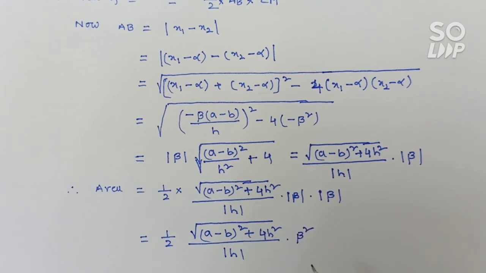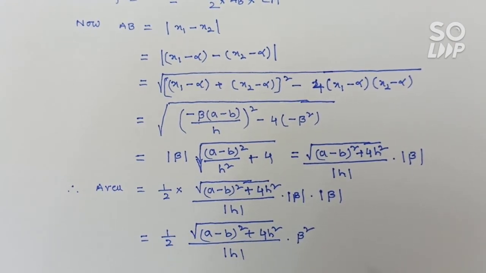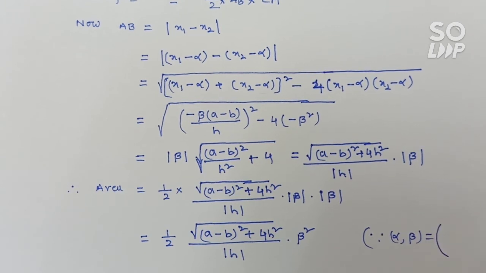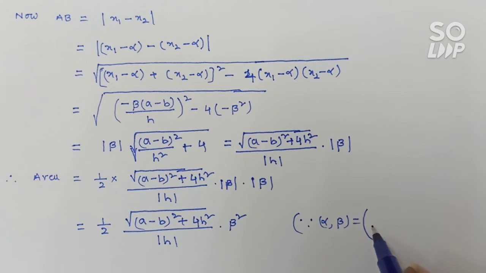Right? We know beta is the y coordinate of the point of intersection of the pair of lines. You know, the point of intersection, since alpha comma beta is equal to, you know, the point of intersection is these two expressions. What are those expressions?